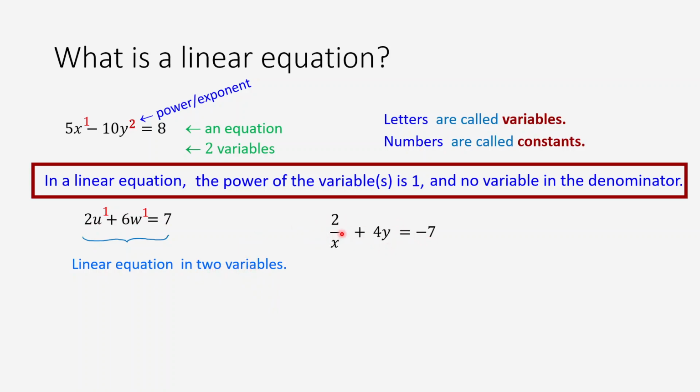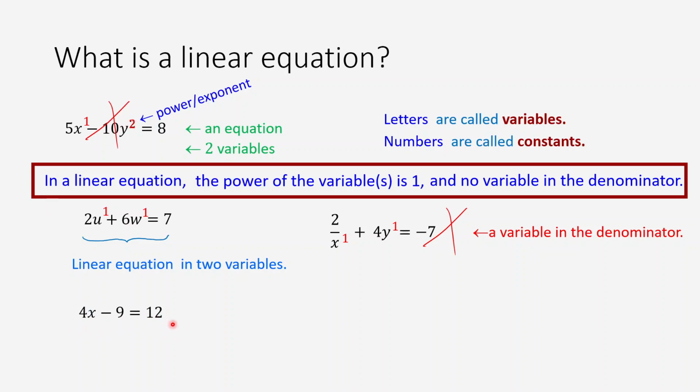In this equation, the power of x is 1 and the power of y is also 1. But this equation is not a linear equation because the variable x is in the denominator. Also, this equation is not a linear equation because the power of the variable y is 2, not 1.